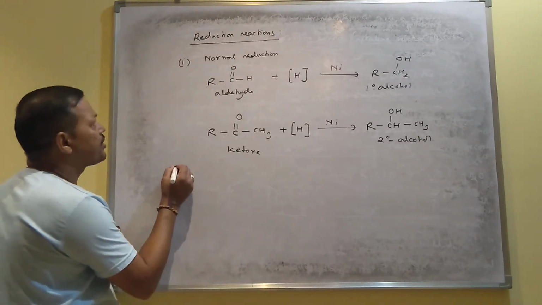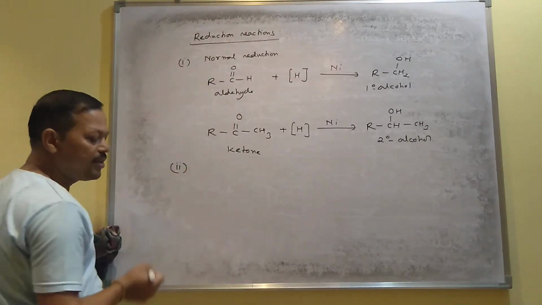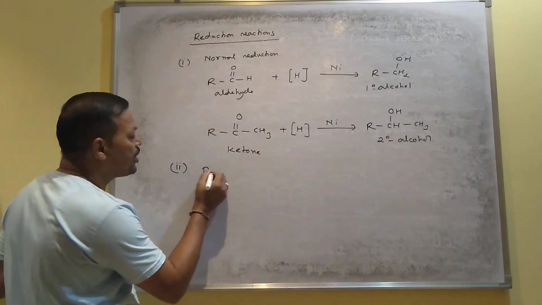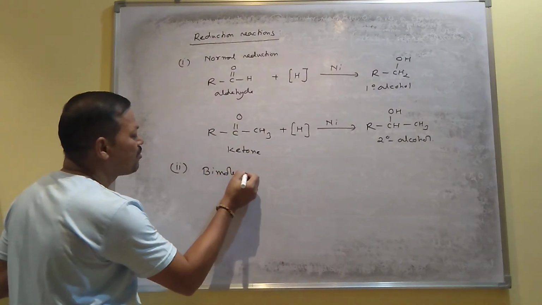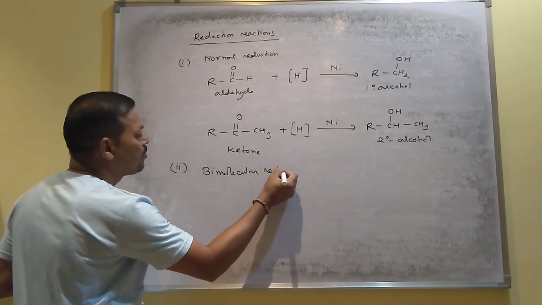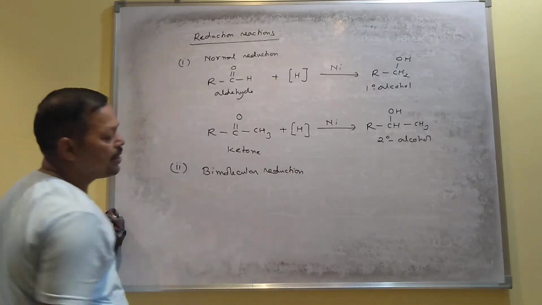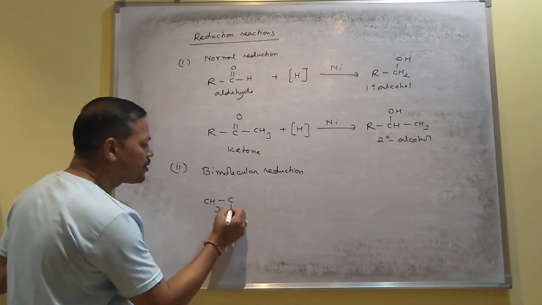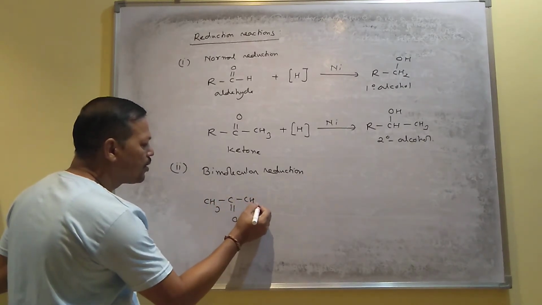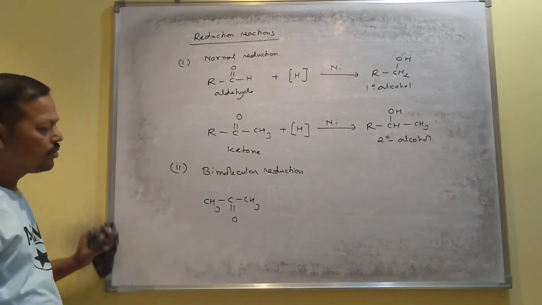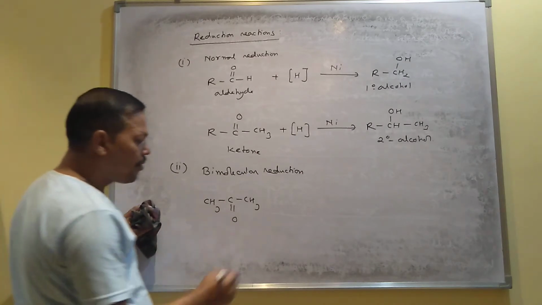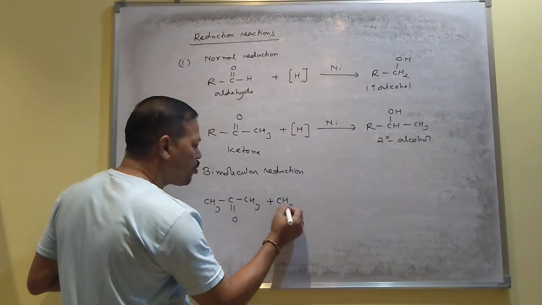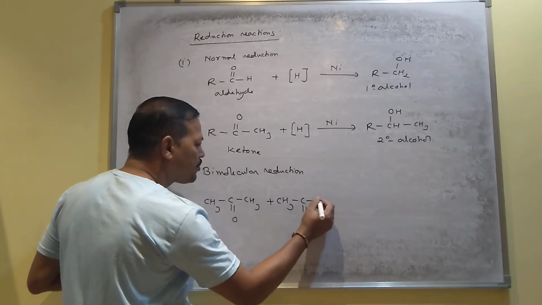Now another reduction, number 2 for aldehyde and ketone, which is called bimolecular reduction. Bimolecular reduction means you have to take two molecules like this. This is one ketone, propanone, common name acetone, and this is another propanone, another acetone.